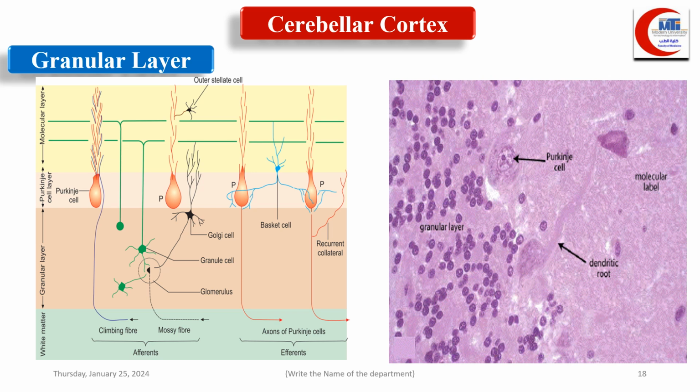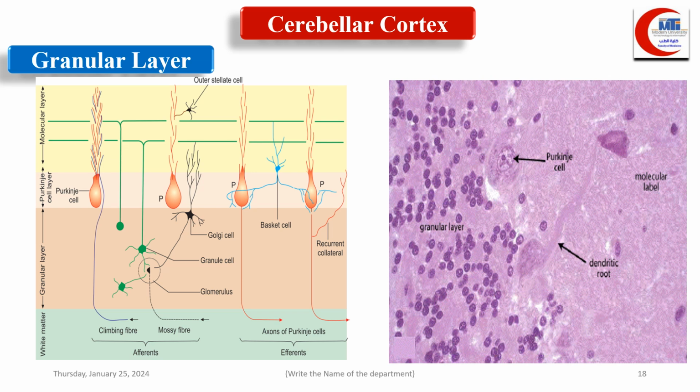What about the granular layer? This is the last layer in the cerebellar cortex. Did you remember the structure of this layer? The granular layer contains 2 types of cells which start with the letter G. They are Golgi cell type 2 and granule cell.